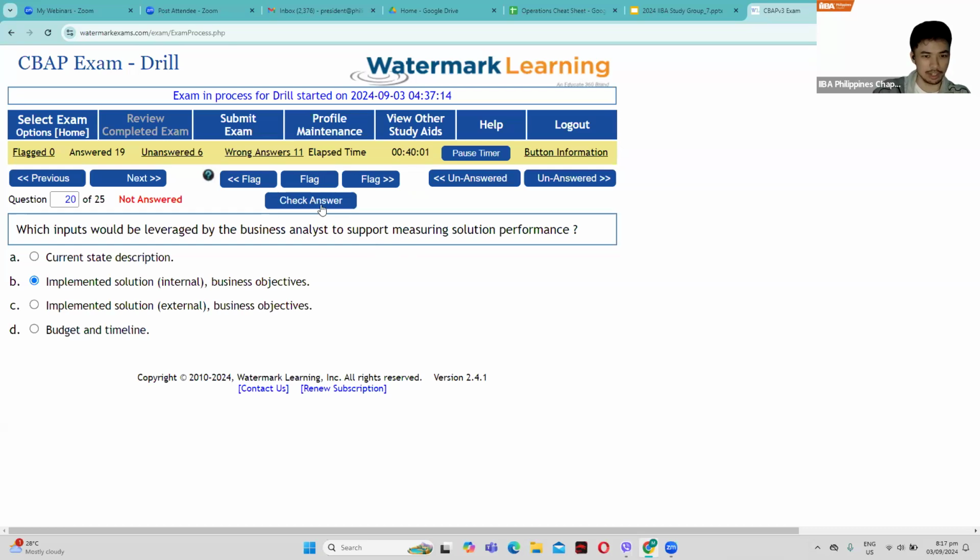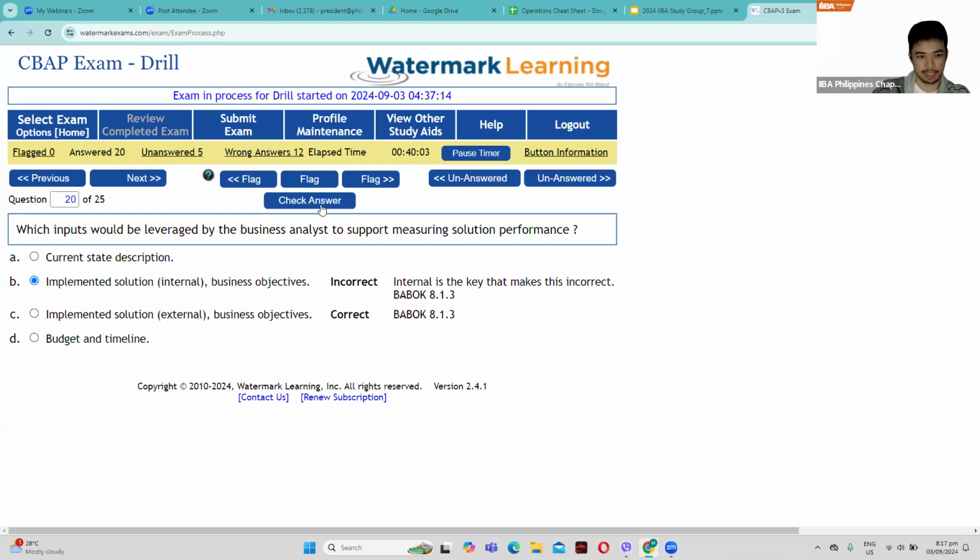All right, let's try to go with B. And that is incorrect. Several other study groups have had the same challenge with this question. We've got to really check the first task to really understand it.